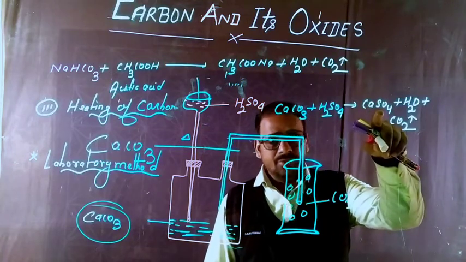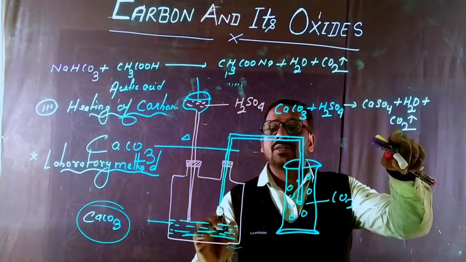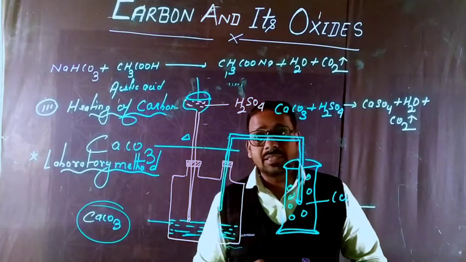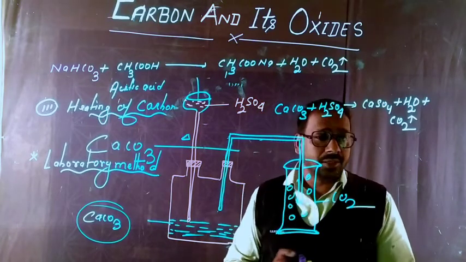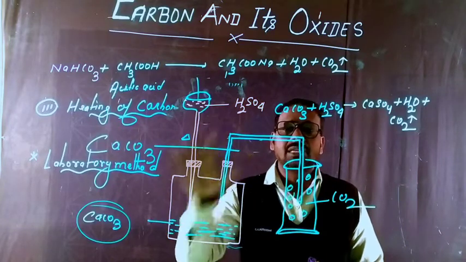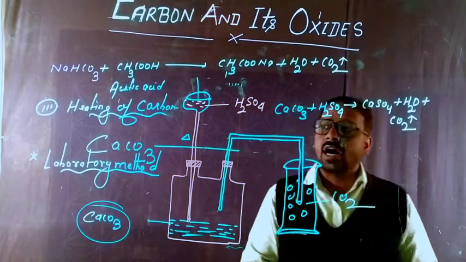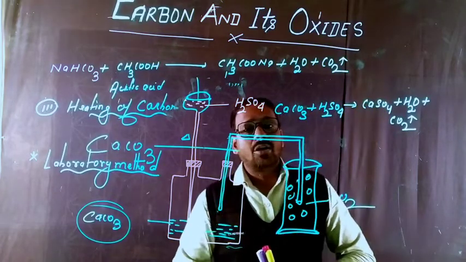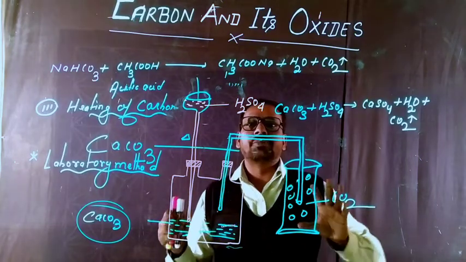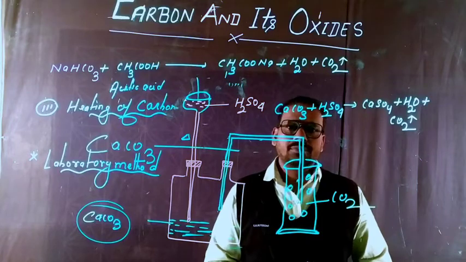Calcium sulfate, water molecule and carbon dioxide, and that carbon dioxide is collected into the gas jar. So it is a laboratory method, and this experiment and activity is given in your book. It is very important. Just see how you will prepare the carbon dioxide in your laboratory. So we have discussed the preparation of carbon dioxide by 2, 3 and 4 methods.